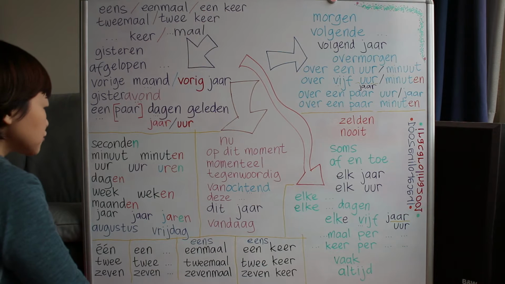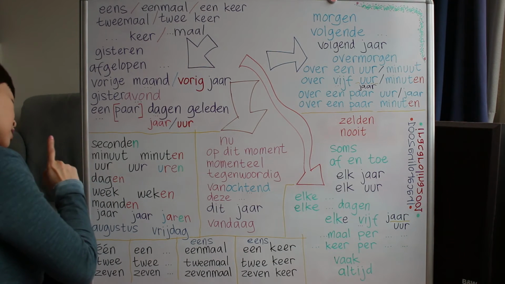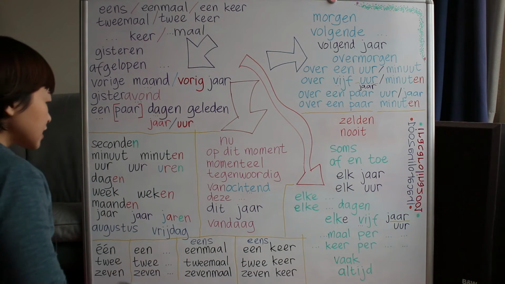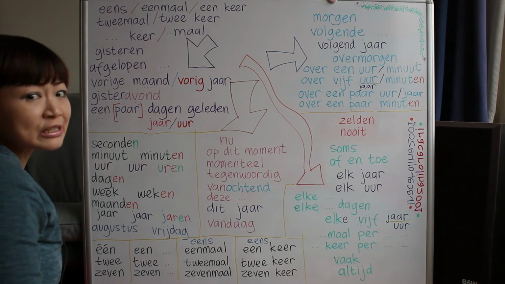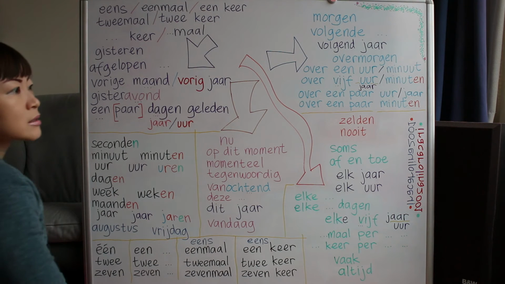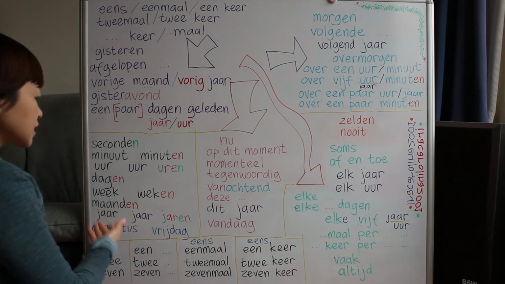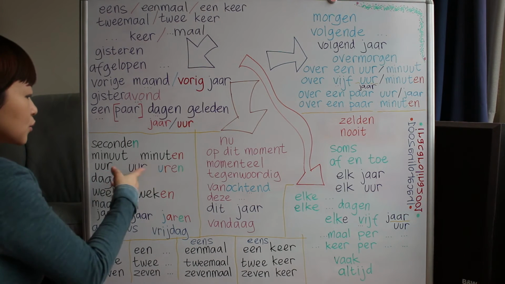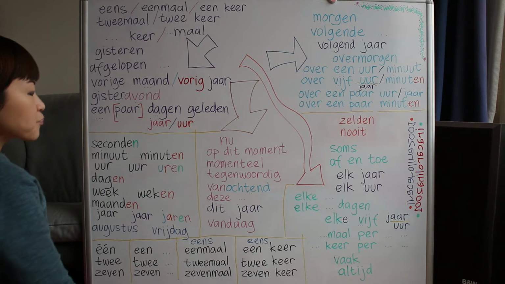There's an exception for hour and year, because hour is uur and year is jaar, and when we say hours or years, we still say uur and jaar. So in English, hour and hours, year and years, but in Dutch, uur and uur, jaar and jaar.